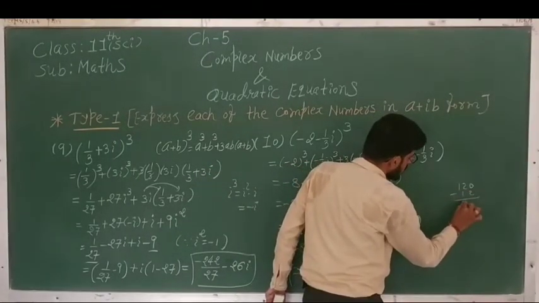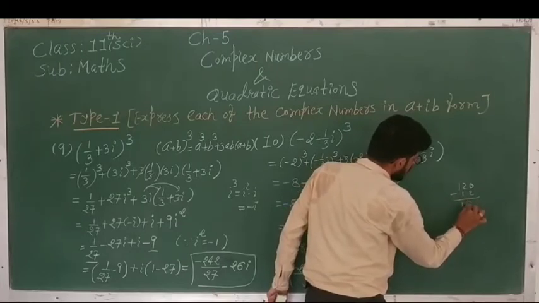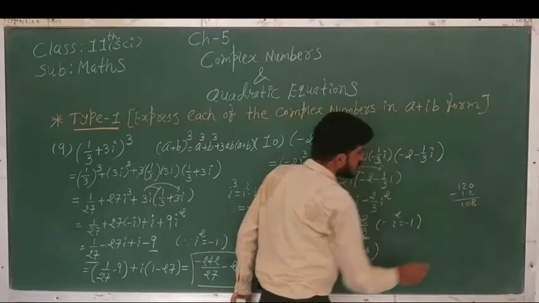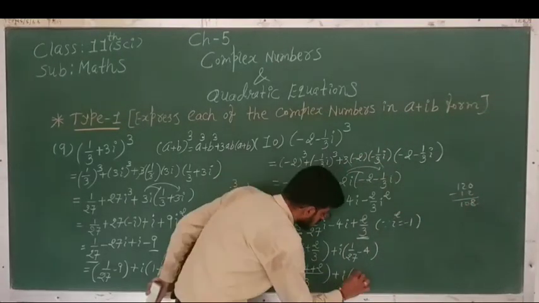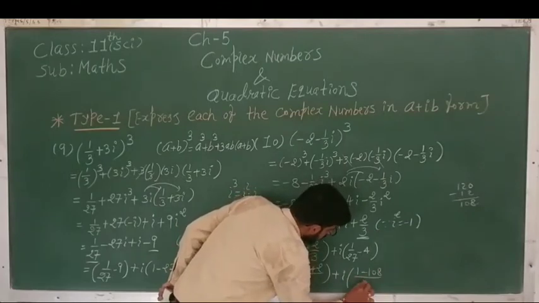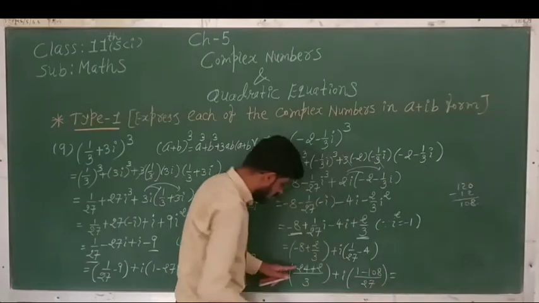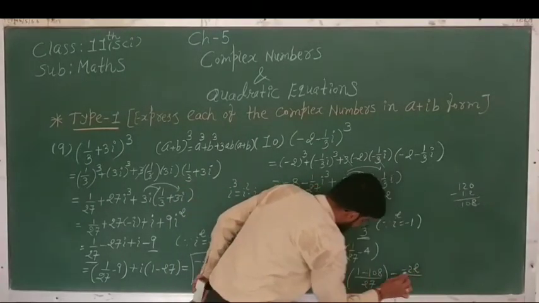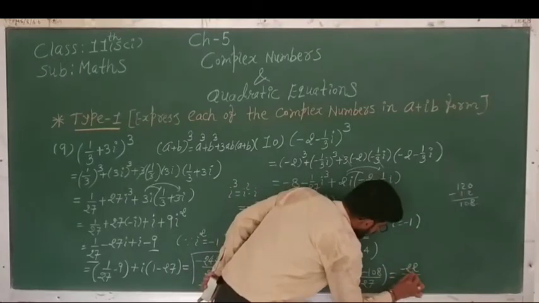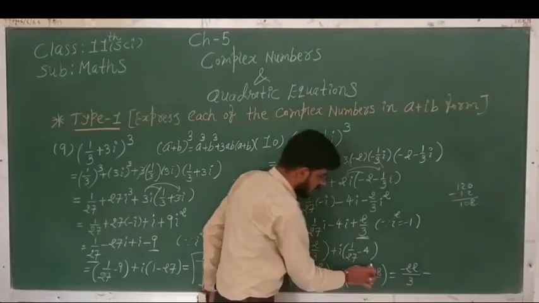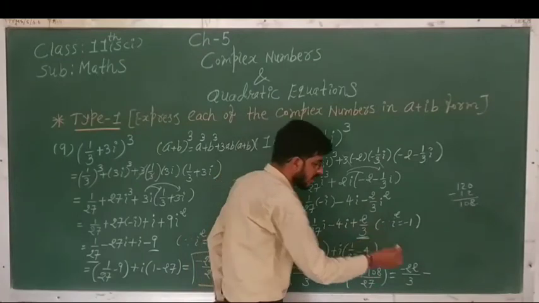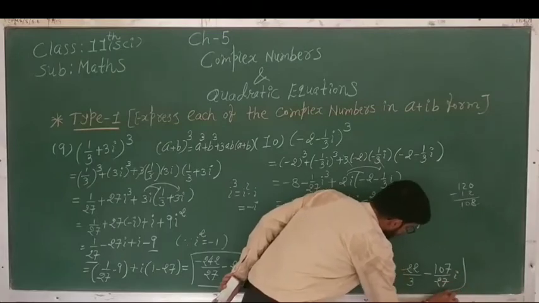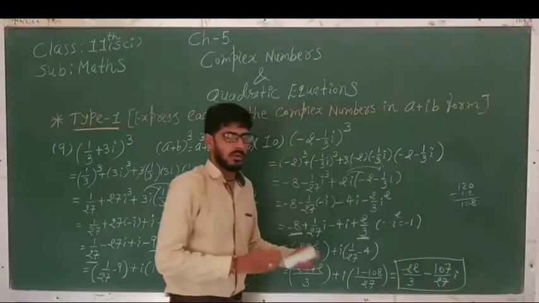Okay, so we write 1 minus 108 upon 27, equal to minus 24 plus 2, minus 22 by 3. Minus 108 plus 1 gives minus 107, so minus 107 by 27 i. So it gives the a plus ib form.